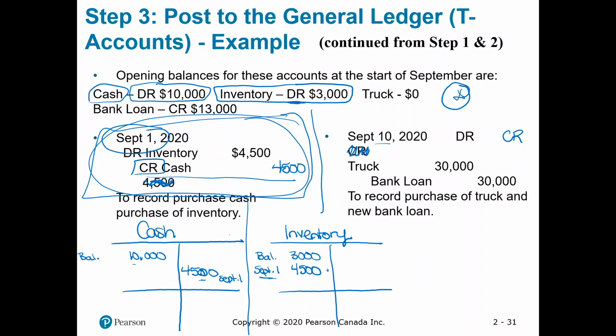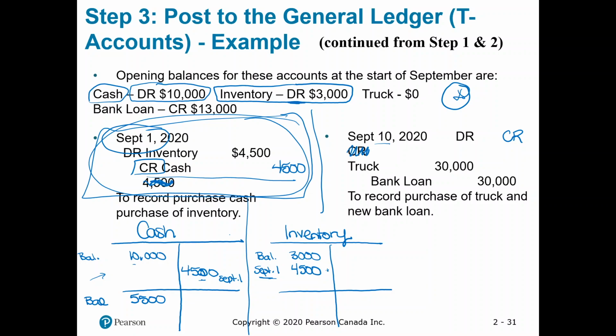So the difference between those two is $5,500. And because our debit is more than our credit, the balance left is a debit balance. So you're subtracting those, and whatever's higher is where you leave your balance. So we have this $5,500 balance here.